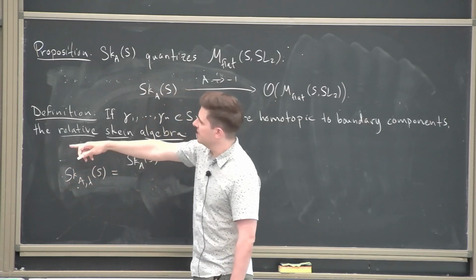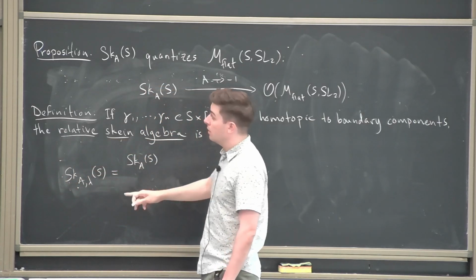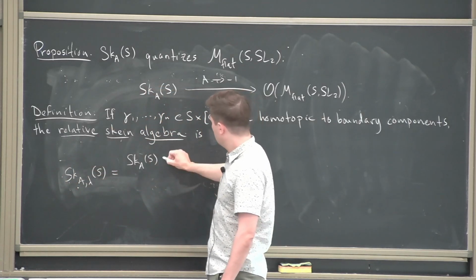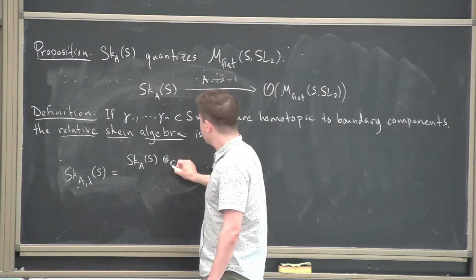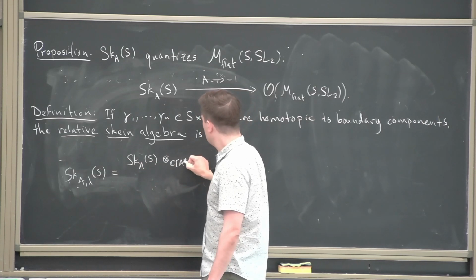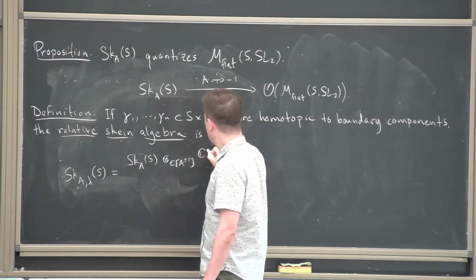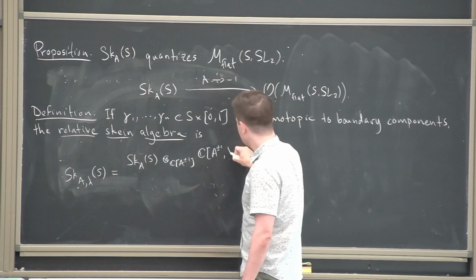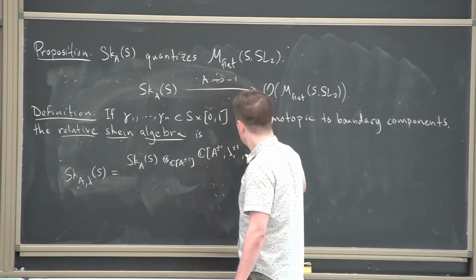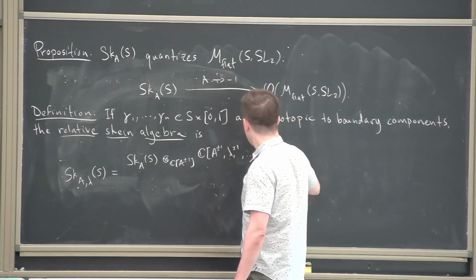By definition, it's an algebra over Laurent polynomials in A. So the first thing I'll do now is extend scalars to the ring of Laurent polynomials in A and some additional variables, lambda 1 through lambda n.